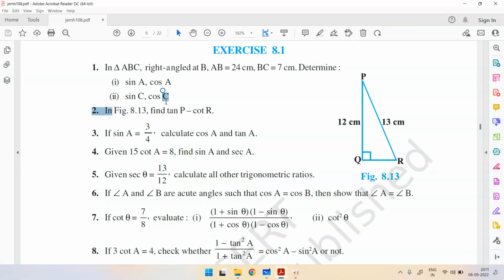Now in figure 8.13, find tan P minus cot R. This figure was given to you.